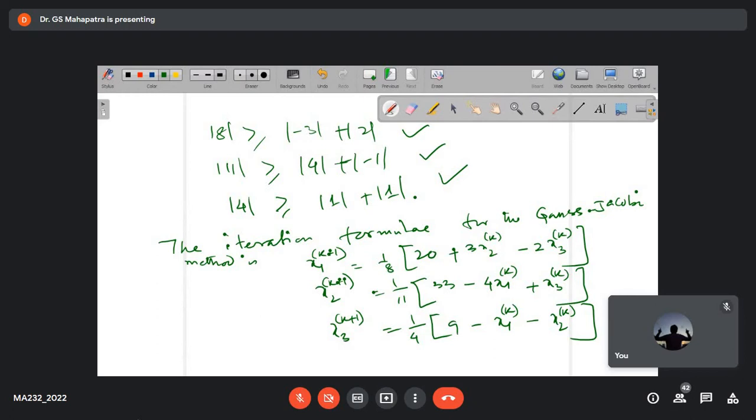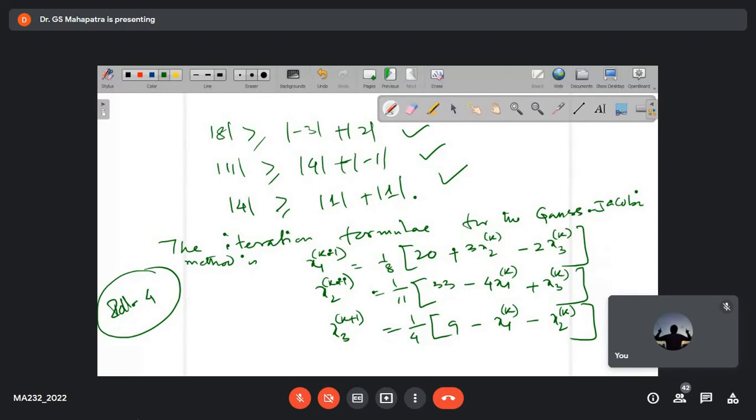Now, roll number 4. Tell me, what is the initial approximation for this system of equations for the Gauss-Jacobi method? It is given or not? Actually, it is there in the first slide, and I am now in the second slide only, so I can't go back. You just tell me what is the initial approximation as per this problem.